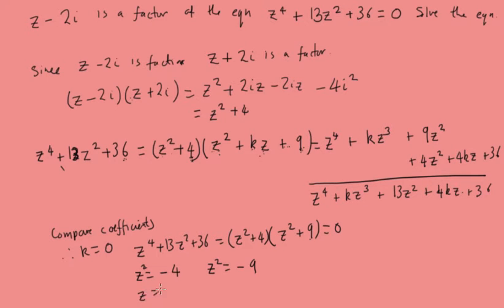So z must equal plus or minus 2i, and z must equal plus or minus the square root of minus 9, which is equal to plus or minus 3i.